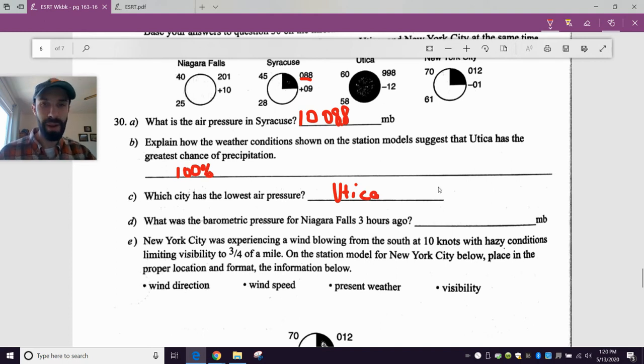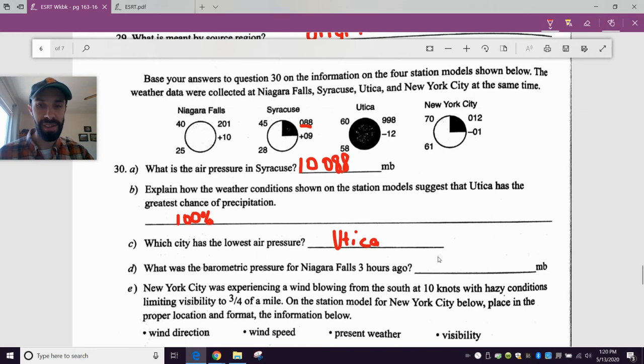Okay. What was the barometric pressure for Niagara Falls 3 hours ago? This is a tricky problem. Okay, so let's talk about this a little bit. First off, what is the pressure currently? Well, it's 1020.1. Okay. Now, this shows you the trend. What this says is it's gone up 1 millibar.